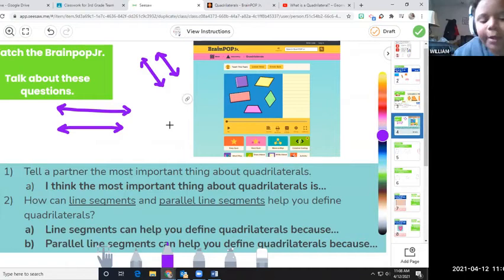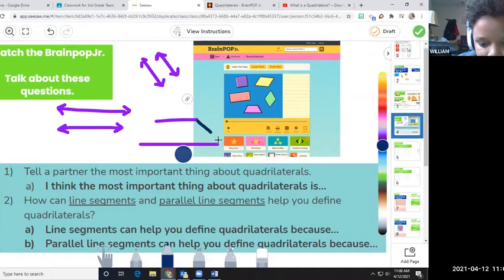Parallel line segments can help us find quadrilaterals because they are straight.